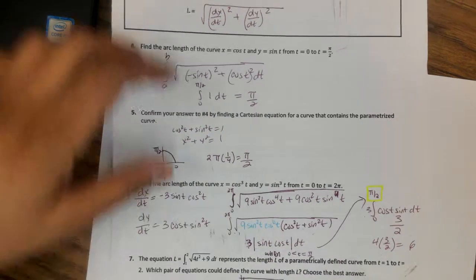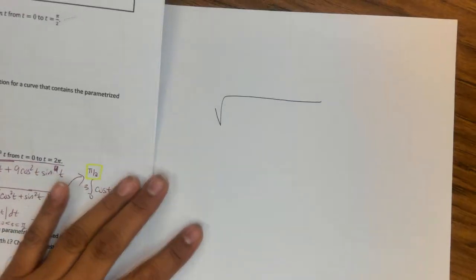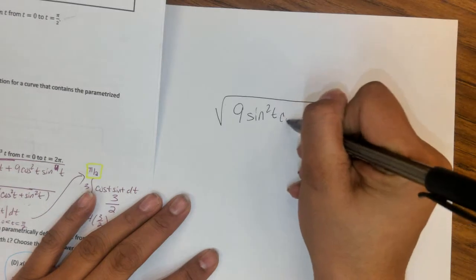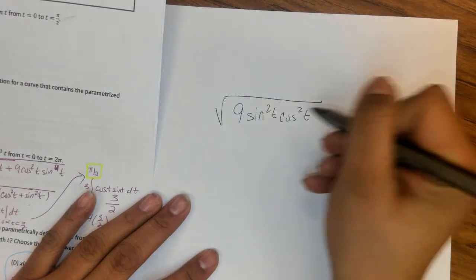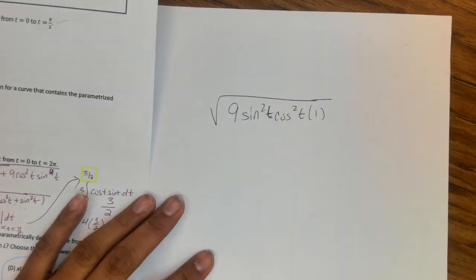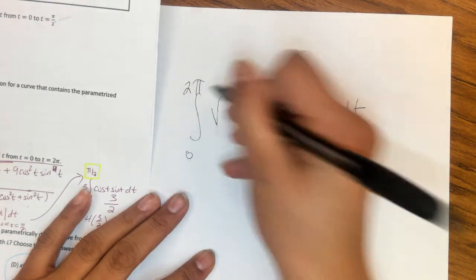So let me pick up on my other piece of paper from that part. Here's what we have. Here's the square root of 9 sine squared t cosine squared t, times 1, which I know is silly. I know that there's supposed to be an integrand here, and a dt, and 0 to 2 pi.